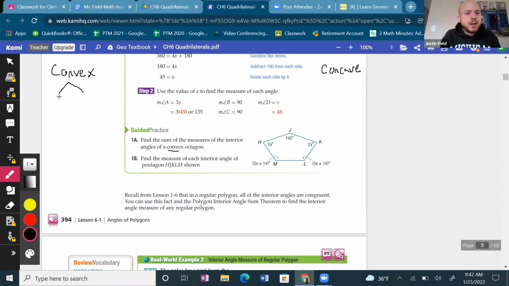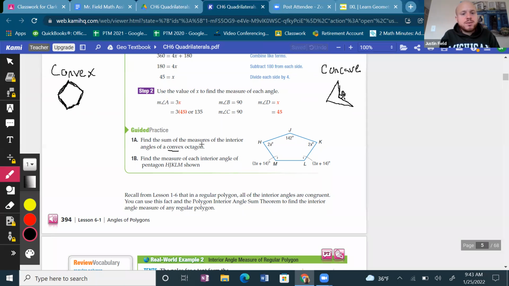Convex means, well, there's a formal definition, but in my own words, there's no dent, it doesn't go in. A concave, I always say, has a cave, so you can draw a little caveman. It's concave. And if you can't, it's convex. Okay, so we'll go with that for now.